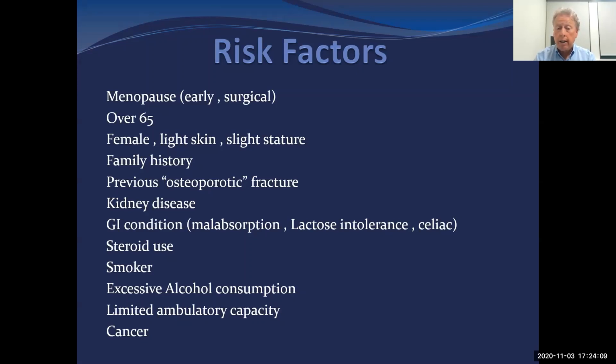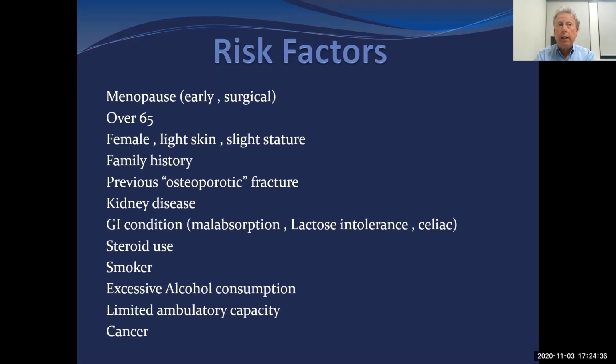Smoking is not a good thing for a lot of reasons, but osteoporosis as well. Alcohol consumption is another one. Excessive alcohol consumption. I'm not saying you can't go home and have a cocktail or a glass of wine, but if you're drinking regularly excessive amounts, that leads to osteoporosis. People that are infirm, people that for whatever reason can't get up and walk, those people are more likely to have osteoporosis.